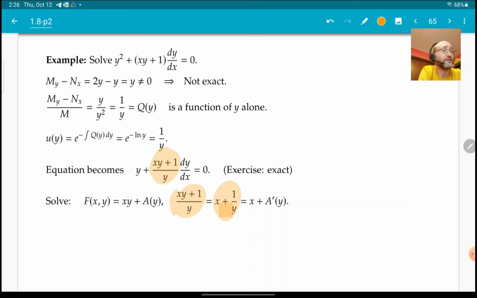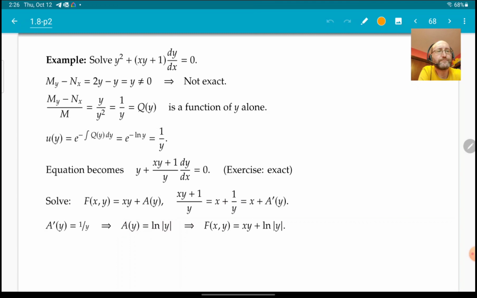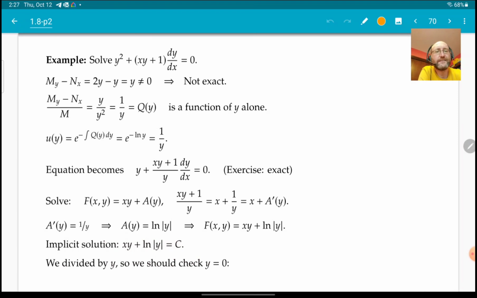That's just a little bit of algebra. And this is just the derivative of this guy, right? So I have to have that this thing equals this thing. Therefore, a prime has to be 1 over y. Therefore, a of y is log of absolute value of y. Well, that's what that f is. So the implicit solution is this.